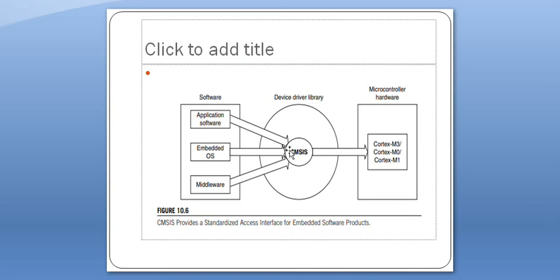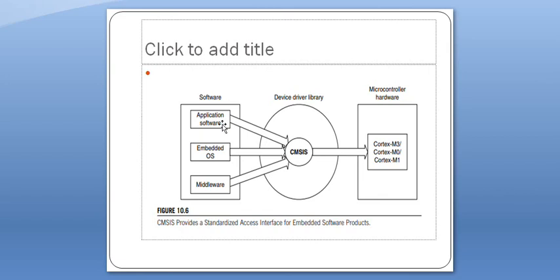This CMSIS can be connected directly to the hardware environment. So you write a small program, and this will use many libraries. All the libraries are included in CMSIS, and thereby you can make communication happen between the software and hardware. So this hardware can be driven with the help of the CMSIS.